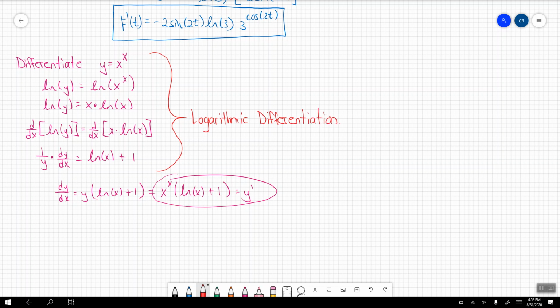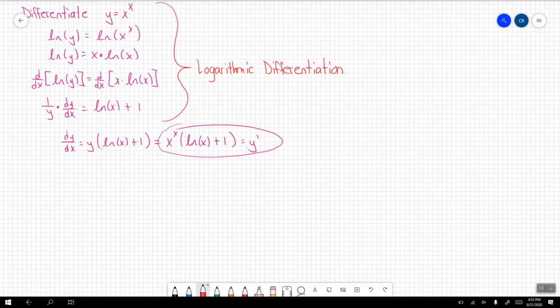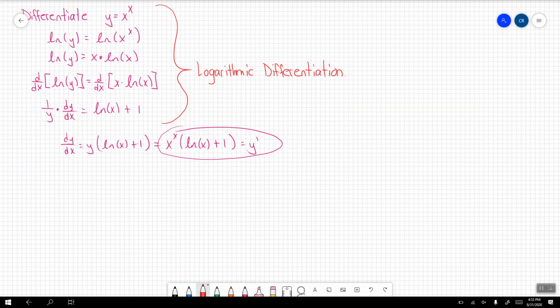And logarithmic differentiation basically tells us that as long as we're using the chain rule, and as long as we are applying implicit differentiation to these logarithmic functions, we can find these derivatives and we can simplify these derivatives to make them nice. So that is what we're working with for one of the last portions of this section: logarithmic differentiation.